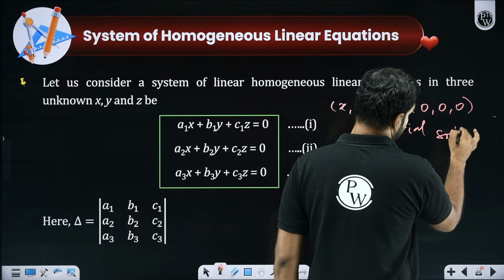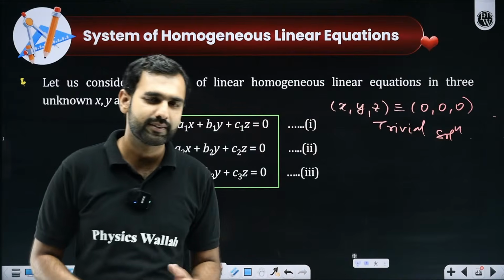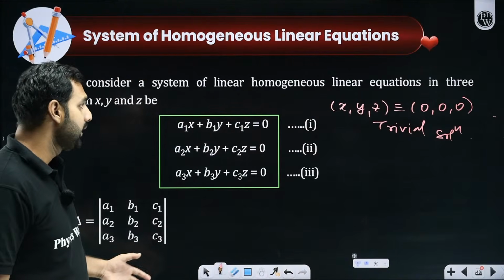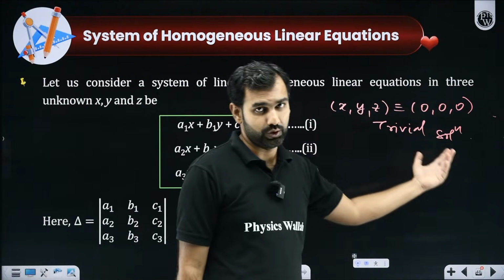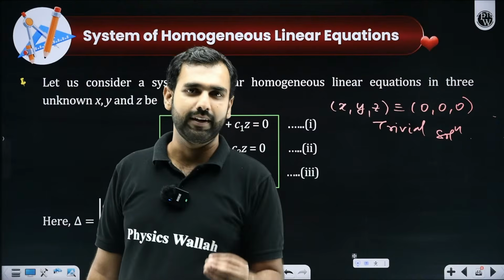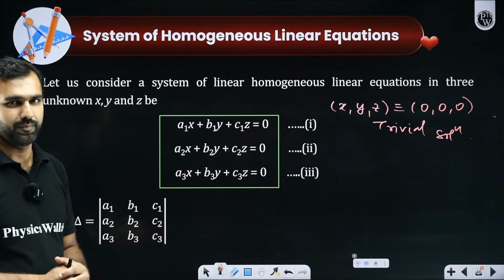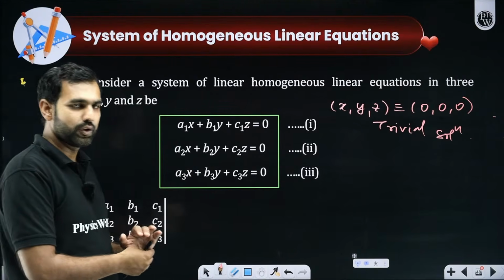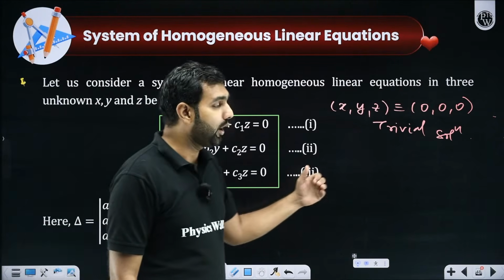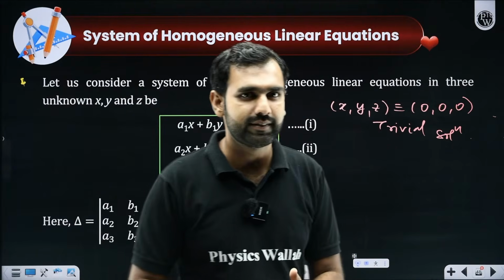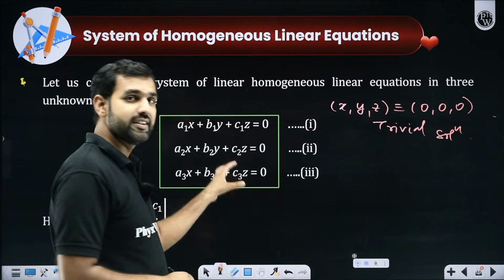But let's say, since it is mathematics, there are three equations. Of course, 0, 0, 0 is definitely an answer. But apart from 0, 0, 0, there is one more triplet or some other triplets which also satisfy this system of equations.